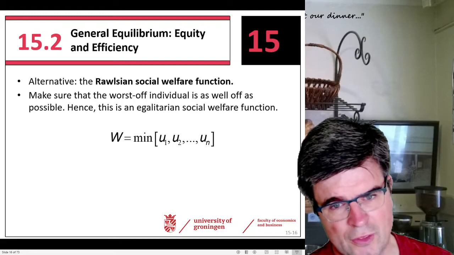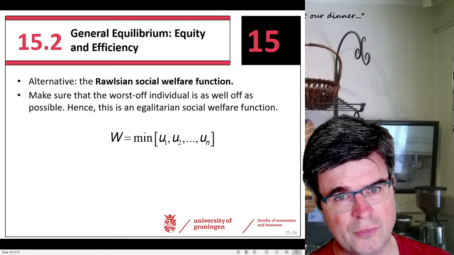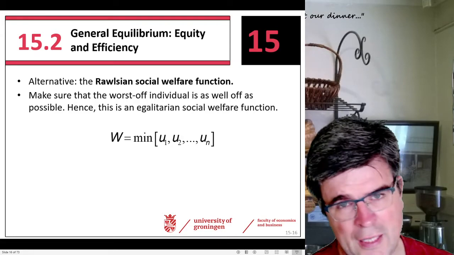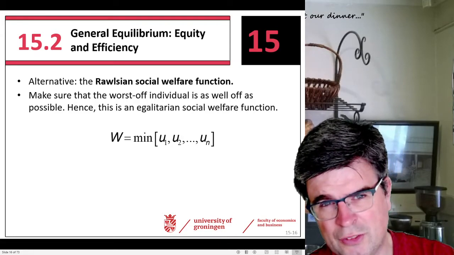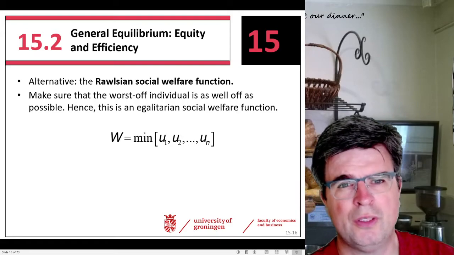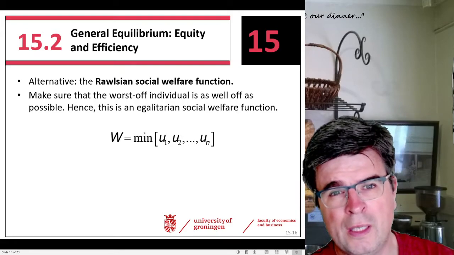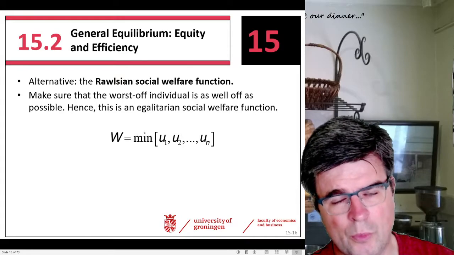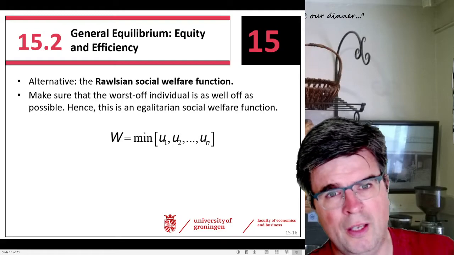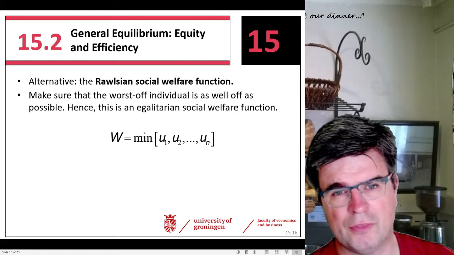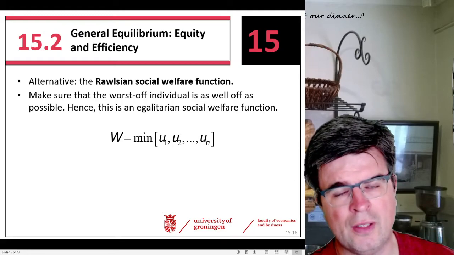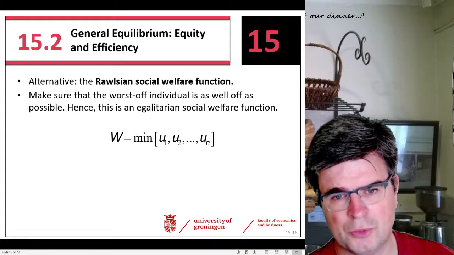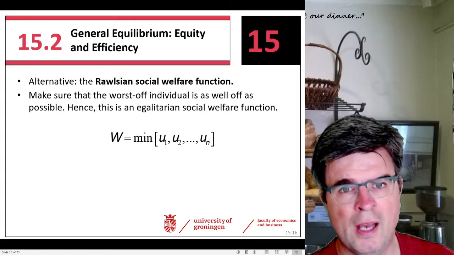So this social welfare function doesn't increase if you increase the utility of any individual in society that doesn't happen to be the worst off individual. W only increases if you make the person with the lowest utility, the person who is worst off, better off. Then you really attained an increase in social welfare. So this social welfare function is very egalitarian.